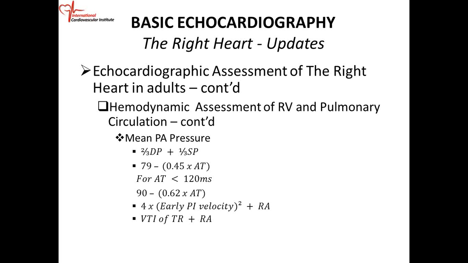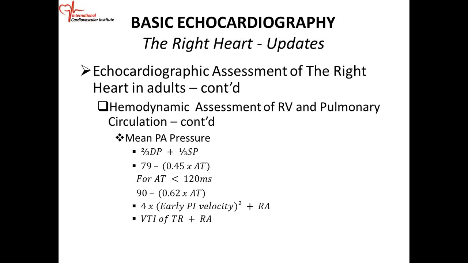Remember, we're talking about the acceleration time. The acceleration time is used in this equation to get the mean PA pressure. You use 79 minus 0.45 times the acceleration time, and this is valuable. This can be used if the acceleration time is less than 120 milliseconds.